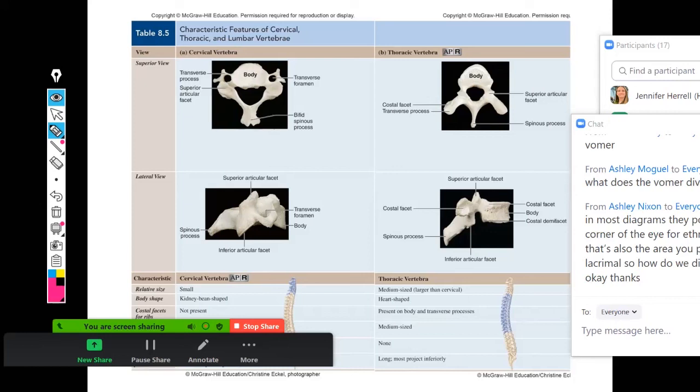So you notice over here on the right, the thoracic, the upper back one, has these big processes, the transverse and the spinous processes that stick out. So the cervical tend to be smaller, and they don't really have that too much. They tend to be kind of rounder. Thoracic have these prominent processes. If we look at it from the side, it especially has a really long spinous process. So you can think of those sticking out of your spine posteriorly.